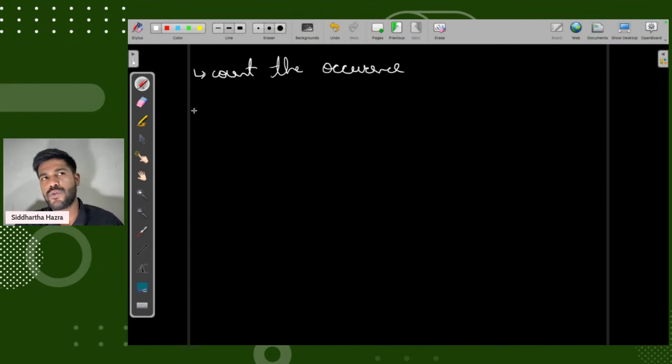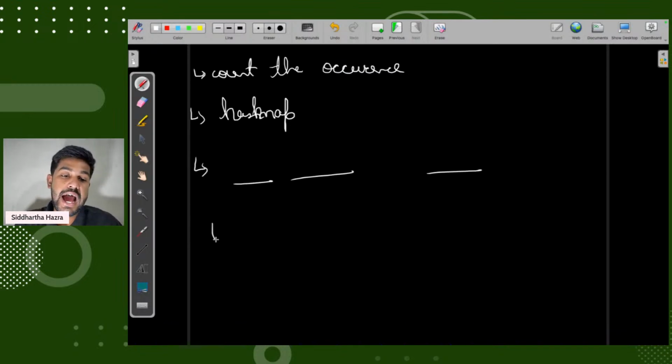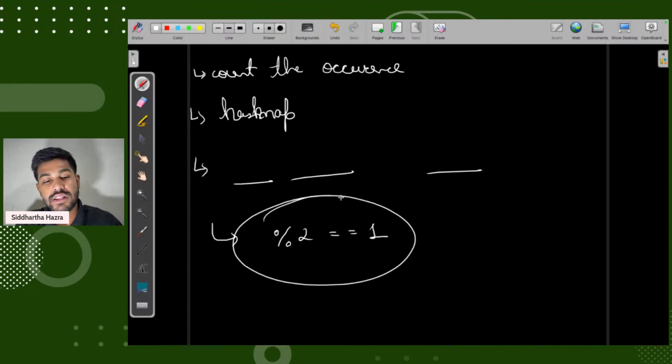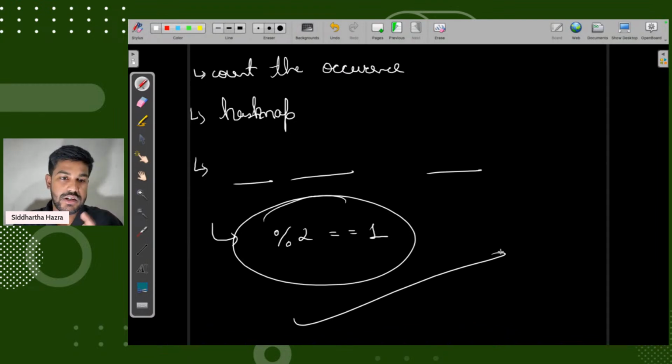If we want to count the occurrence, we need to remember it, and if we need to remember something, the first thing that should hit our mind is that this is a hash map question. So we can hash all the values, and at the end, the elements which have odd occurrence, that means modulo 2 is equal to 1, are the elements we want. Do I make sense?